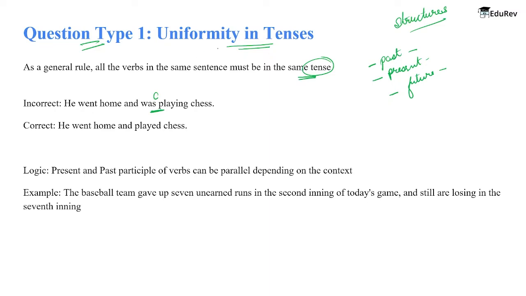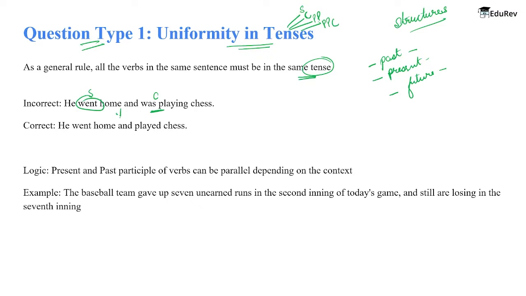We know tenses are of 4 forms: simple tense, continuous tense, present perfect, and present perfect continuous. So here went home is simple tense, was playing is continuous.